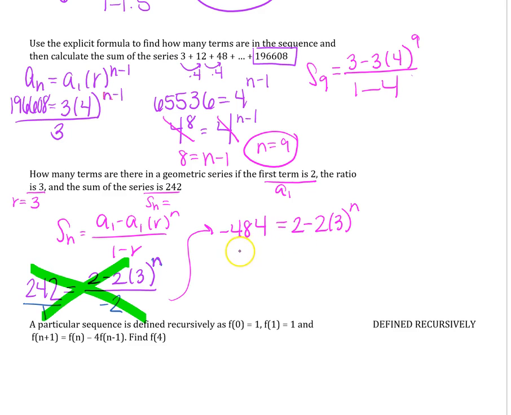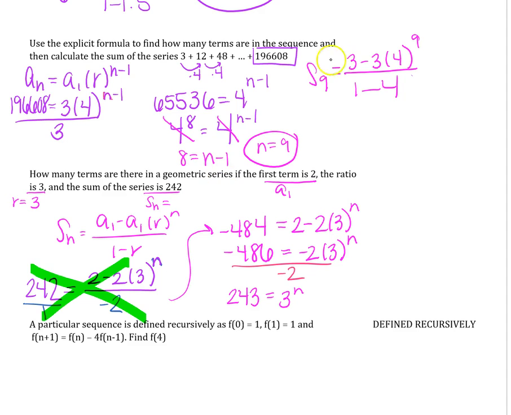Subtract 2 from both sides, so negative 486 is equal to negative 2 times 3 to the n. I'll divide both sides by negative 2, which is what you guys tend to forget first, so make sure you're dividing by negative 2. So I get 243 is equal to 3 to the n.